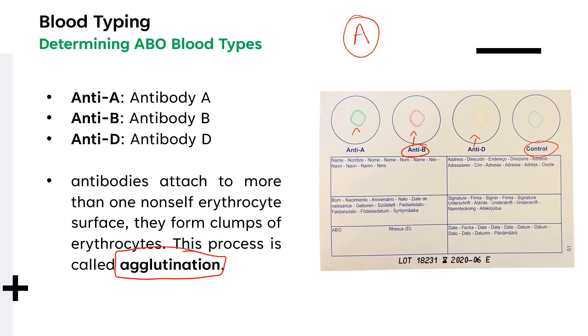If you put A blood in this circle, which has antibodies B, they will not react against the antigens A, because antigens and antibodies react specifically with the specific type of antigen. And if you put blood here, depending on whether that red blood cell has D antigens on the surface, they will react. If they do not have D antigens, they will not react.